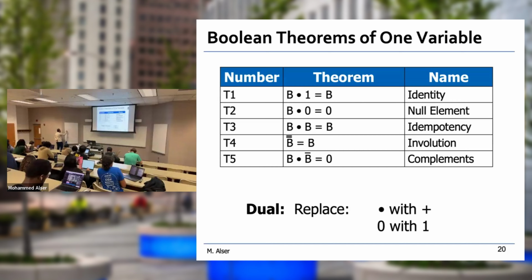Let's assume 0. 0 times 0 bar equals 0 times 1, which is 0. Okay. So if we replace B with 0, the output would be 0. Okay, let's see with 1. 1 times 1 bar equals 1 times 0, and then it's again 0.